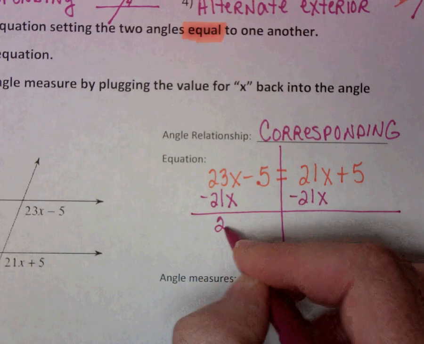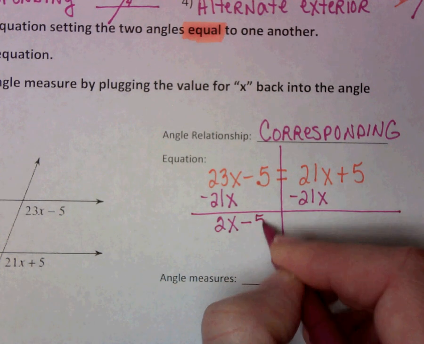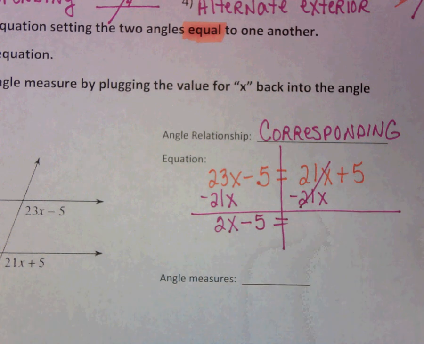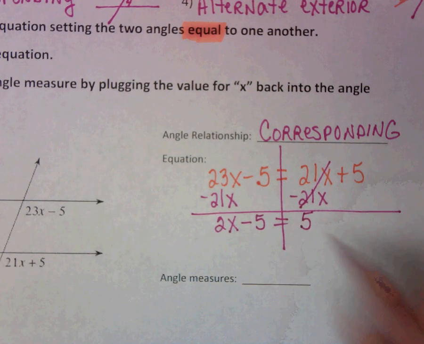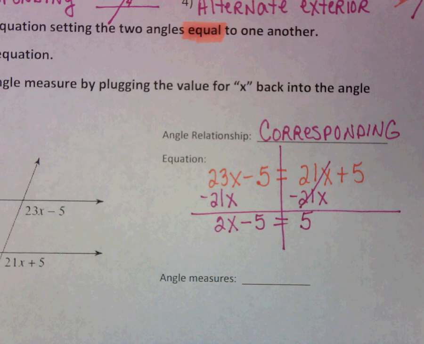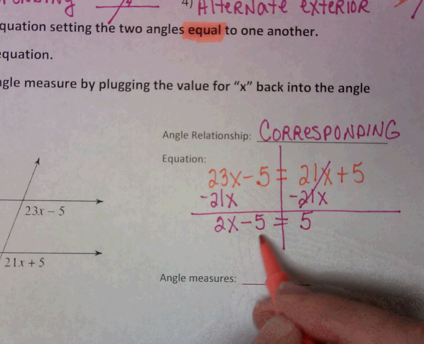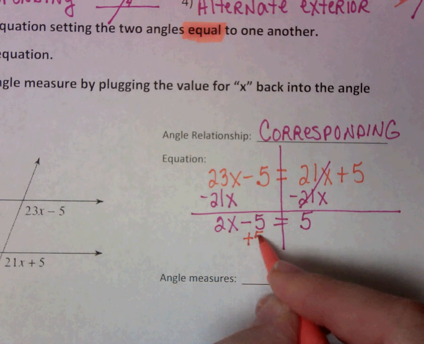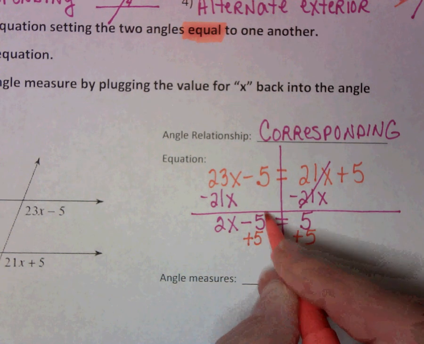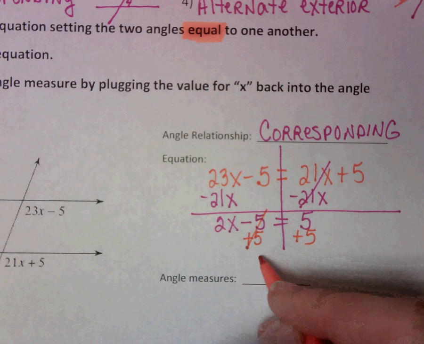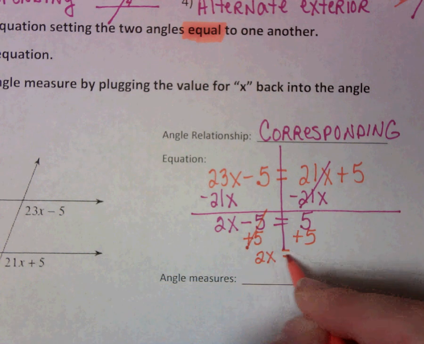That leaves me with 2x minus 5 equals 5. Okay, now we add or subtract our constant, which is -5. The inverse operation would be to add 5. Okay, that leaves me with 2x equals 10.